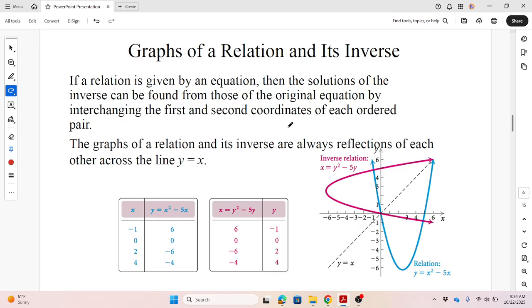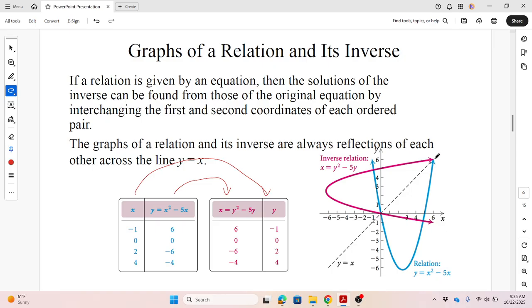So let's look at one example here. This is the graph of x squared minus 5x. And if we reverse, it means the x coordinate will change to the y coordinate. So this x coordinate goes to the y coordinate of the reversal, and this y coordinate goes to the x coordinate of the reversal. When you switch them, this is the graph you're going to get. And if you look at the graph, you see that these two graphs are symmetric with respect to this line y equal to x.